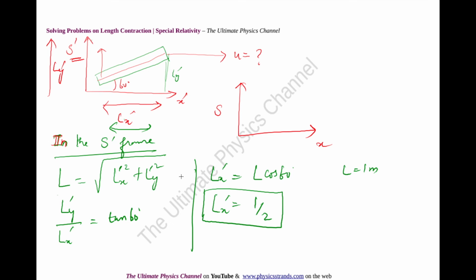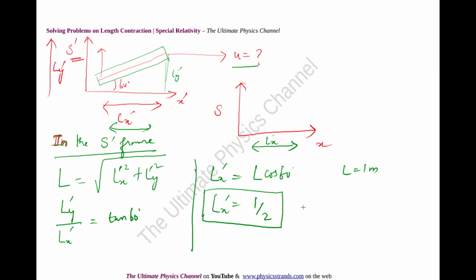Now for an observer trying to measure this Lx prime as Lx in his frame, which is moving at a relative velocity u, he is going to measure a contracted length for the same Lx prime.